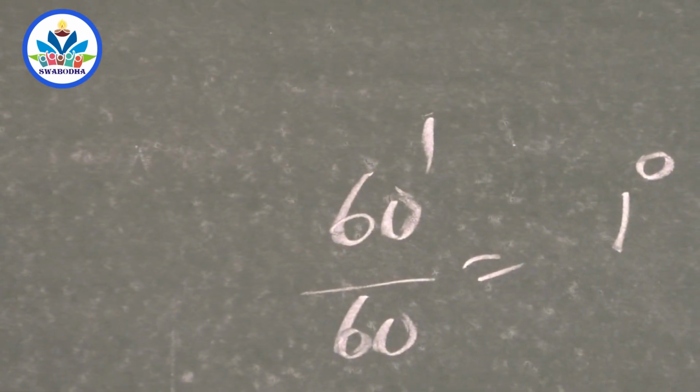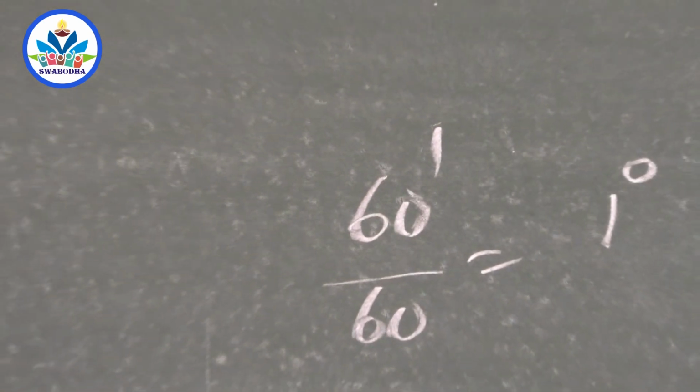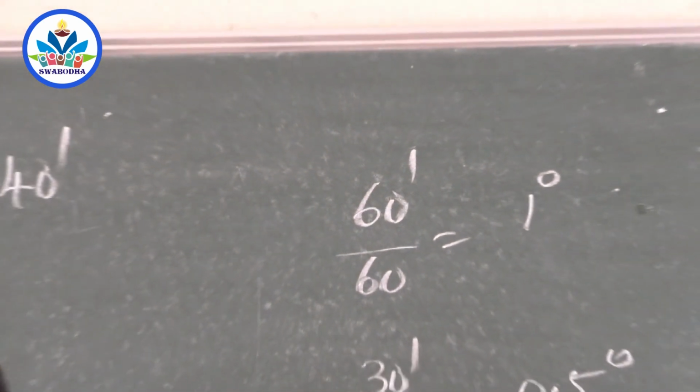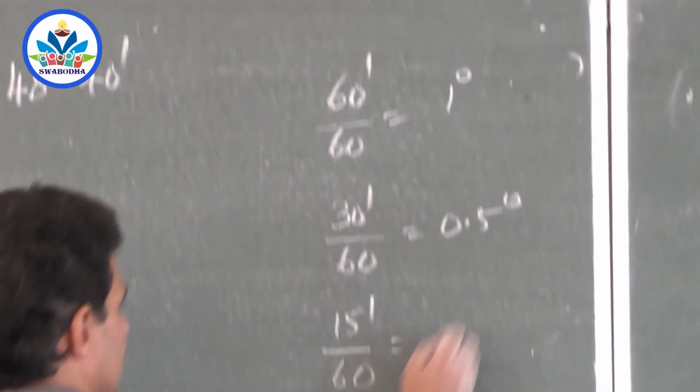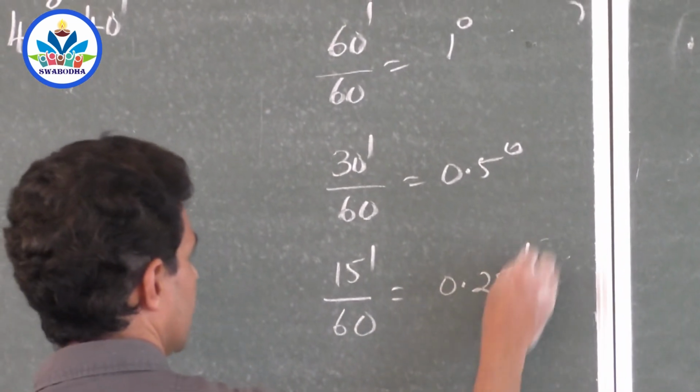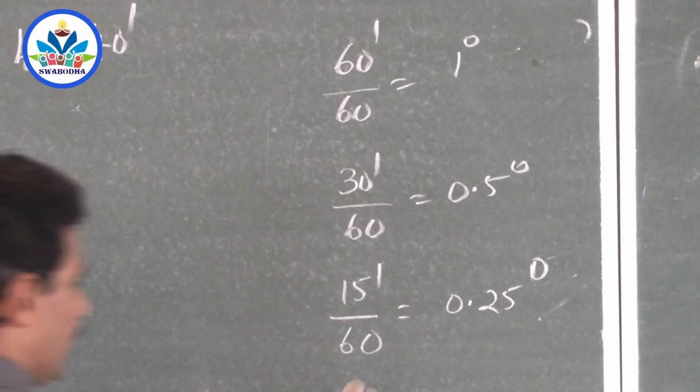30 minutes, divide by 60, it is 0.5 degree. If you have 15 minutes, it is 1/4 of the 60, divide by 60, it is 0.25 degree. Now what is 40 minutes?